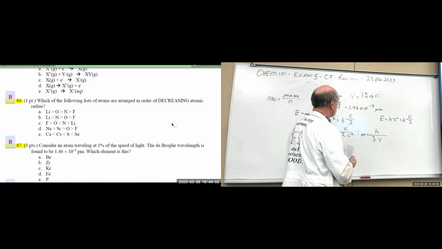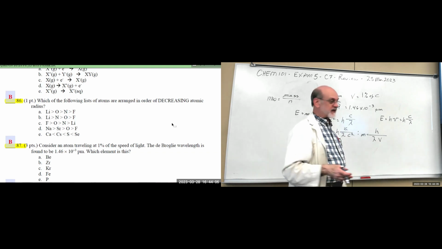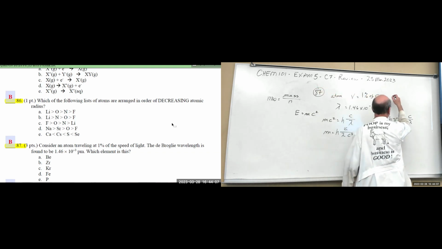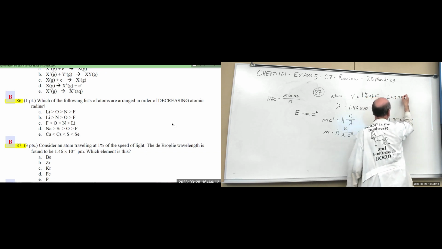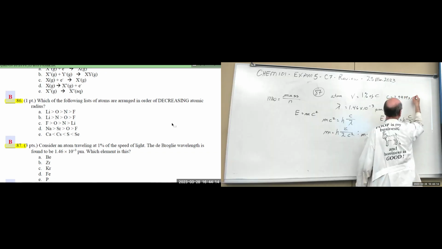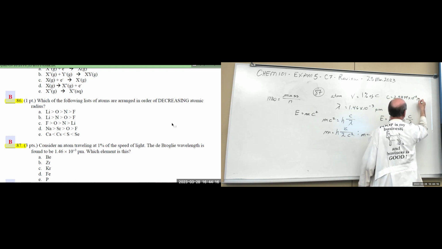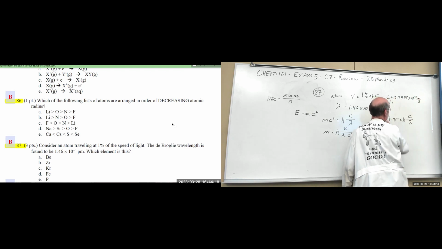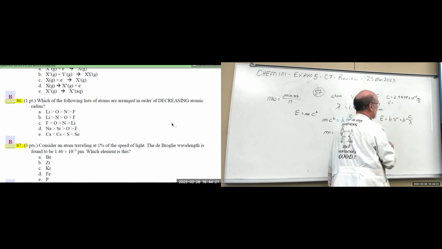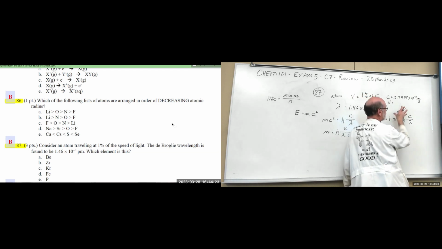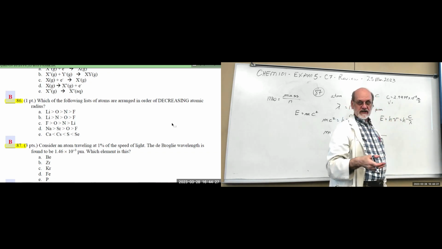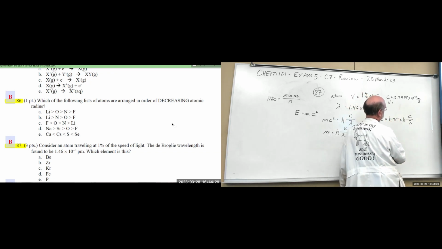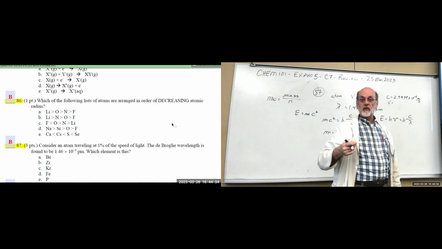So what is the actual velocity? 1% of the speed of light. If c equals 2.9979 times 10 to the 8 meters per second, then the velocity of the atom is 1% of that. So it's traveling slower. The best way to do that is, what is the fractional equivalent of 1%?